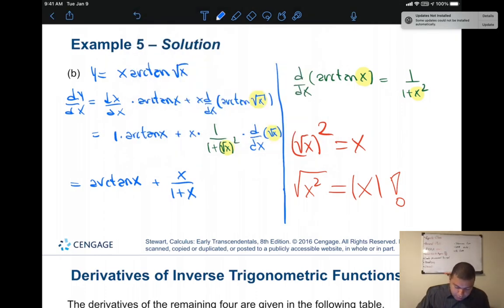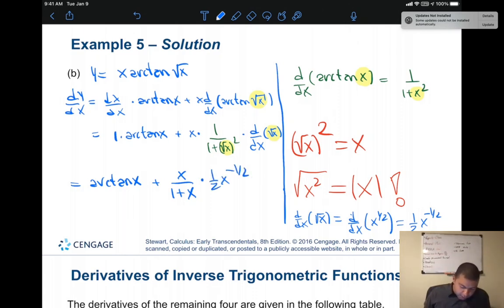Alright, but then the derivative of x to the 1/2, right? So d/dx of root x is d/dx of x to the 1/2. So by the power rule, that's 1/2 x to the minus 1/2. Right? Bring the 1/2 down and subtract 1 from the exponent. You get 1/2 x to the minus 1/2.